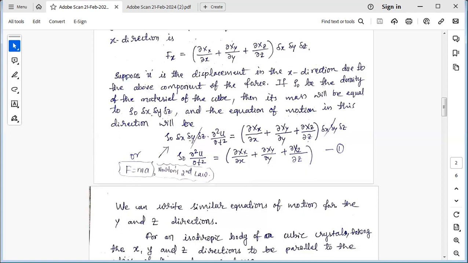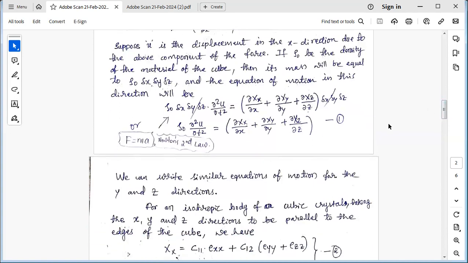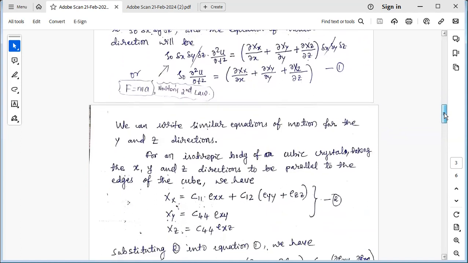Here the volume, delta x, delta y, delta z, is there on both sides, so you can cancel out these two. So you are left with rho naught dou square u by dou t square is equal to this much. This is the force component of stresses in x, y, and z directions. This is equation 1.